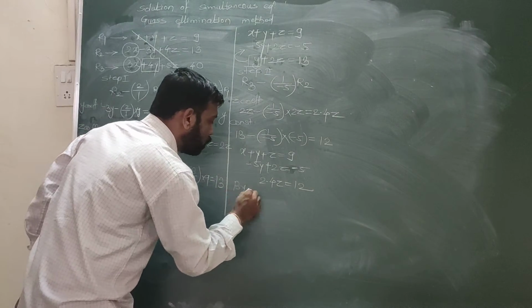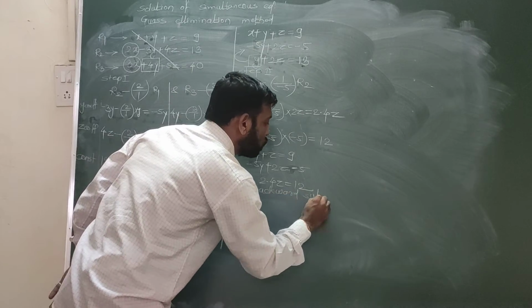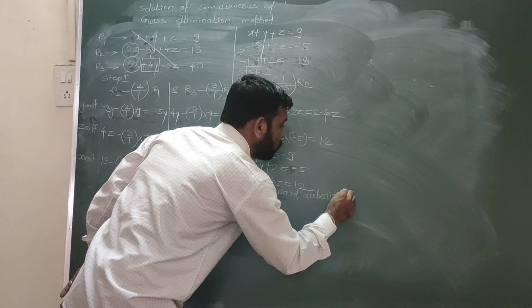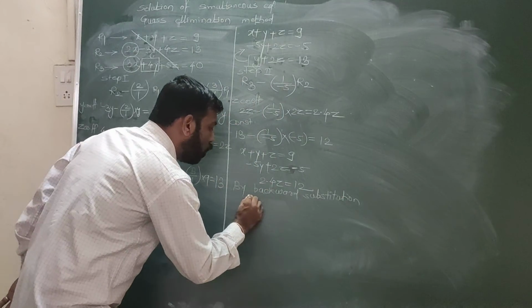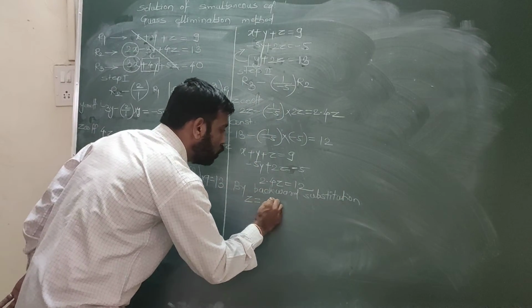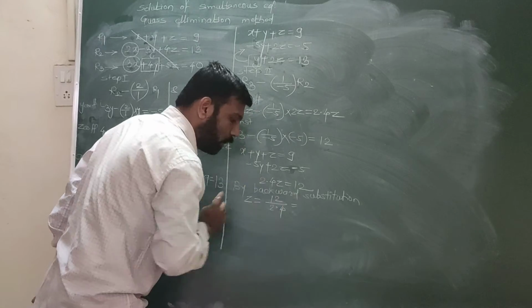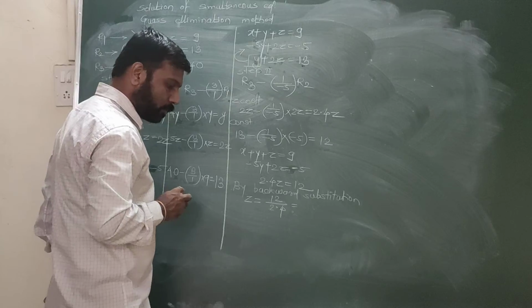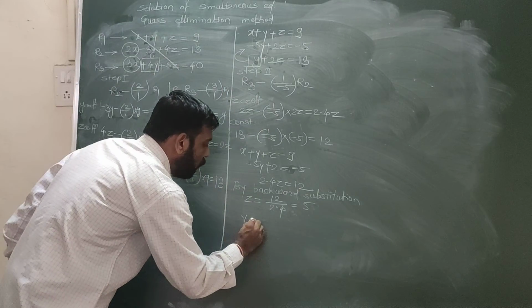Now by backward substitution, we have the value of z equal to 12 divided by 2.4, and the output is 5. Similarly, we'll get the value of y.